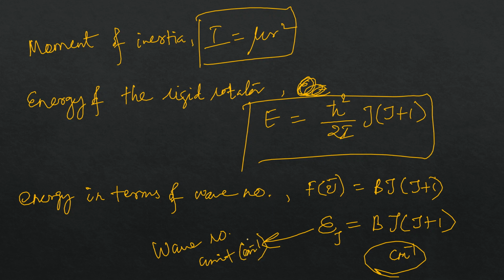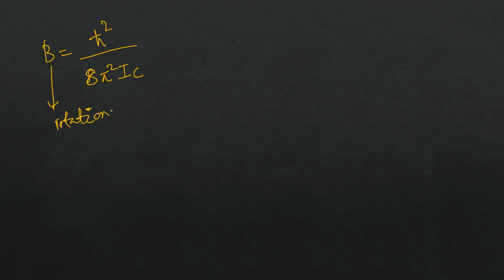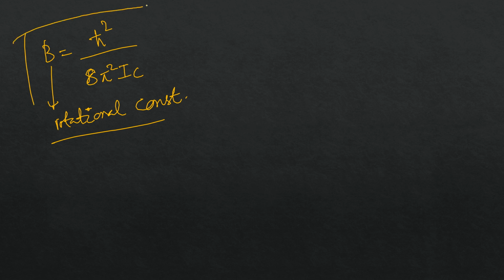What is B? B is h cut square by 8 pi square I c, where B is called the rotational constant.